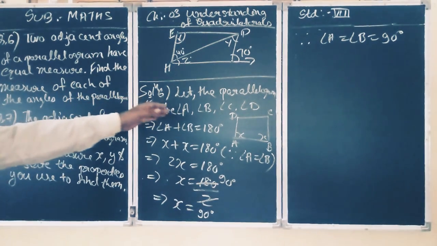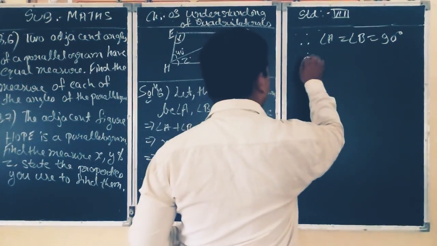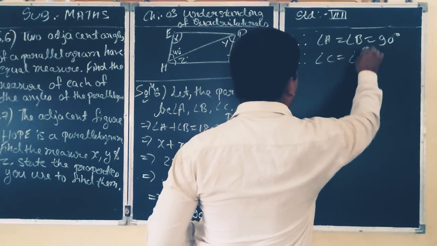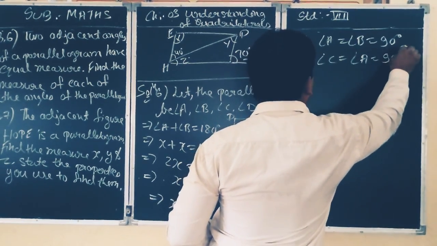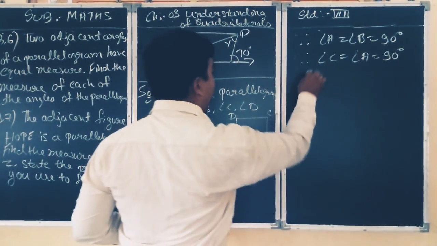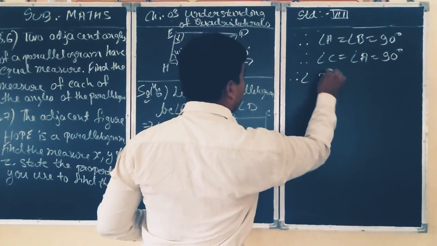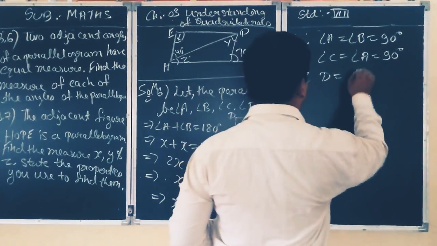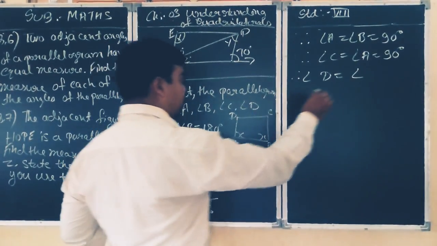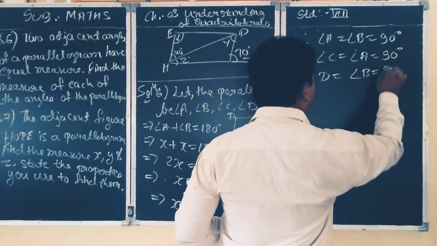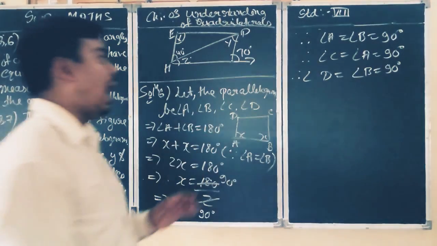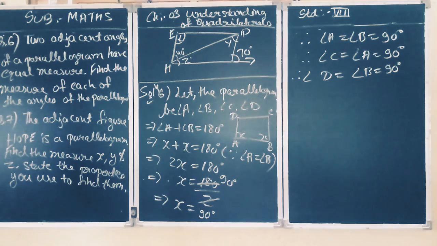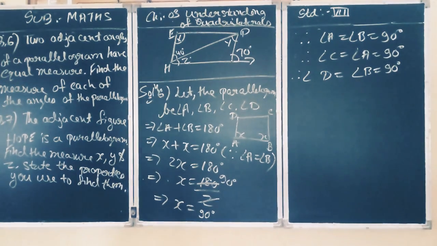Angle A is equal to angle C, so angle C is 90 degrees, and angle D is equal to angle B, which is 90 degrees. Clear, class?